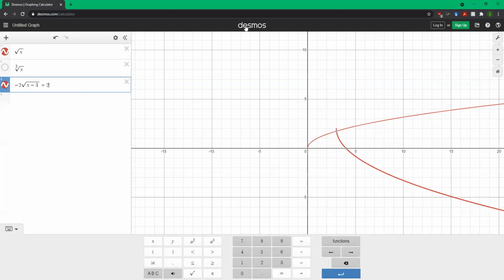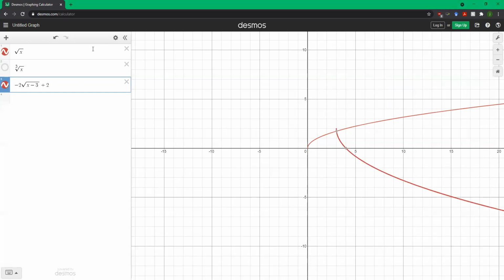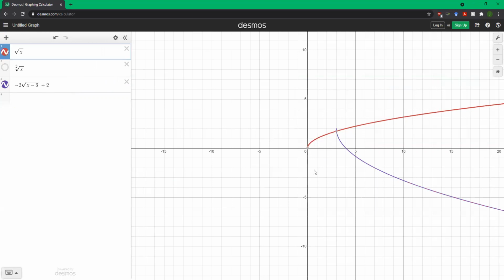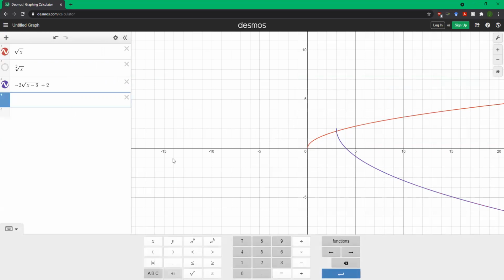Okay, I'm double checking to make sure that's right. Yes. So look at what happened, and I'll change the color of this one so you can see the difference. Let's do purple. This is our original square root graph. What happened is I reflected this across the x-axis, vertically, so now it's facing downward. And I can show you the order.